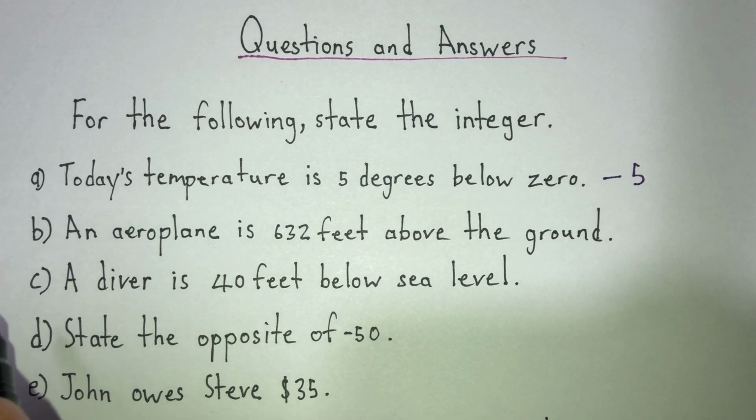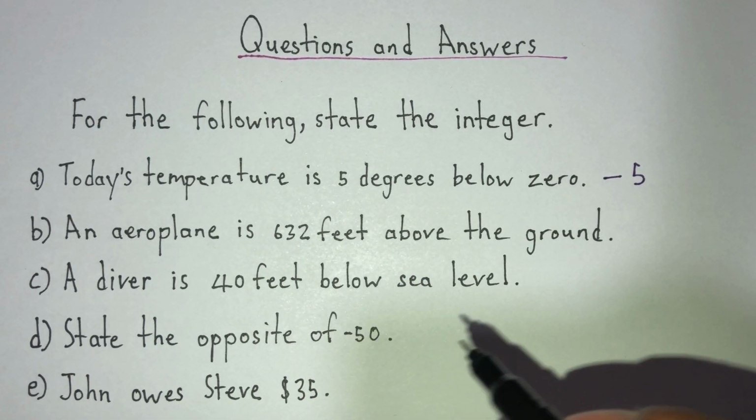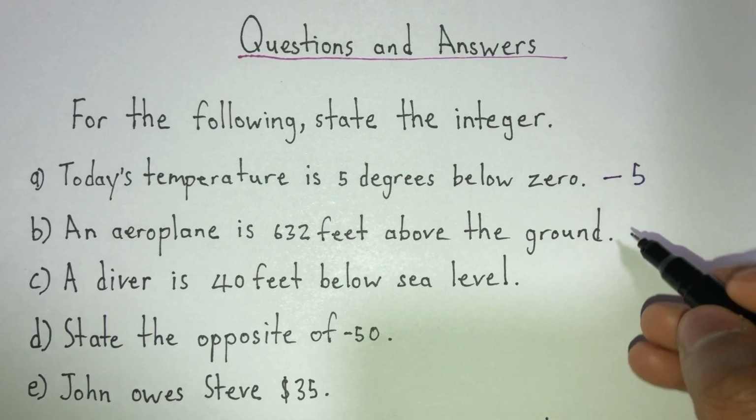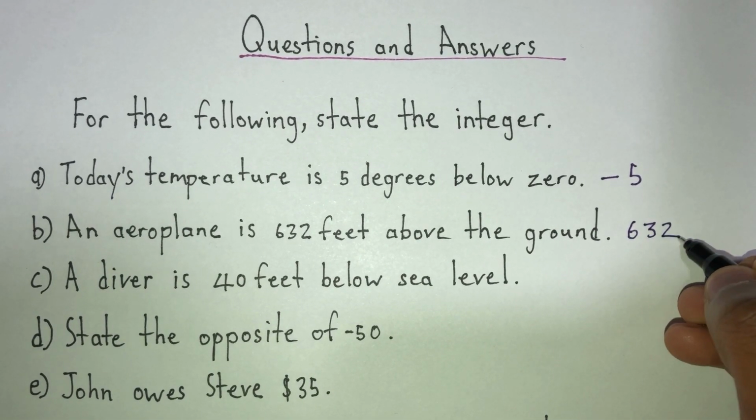Question B. An aeroplane is 632 feet above the ground. Therefore, this is 632.